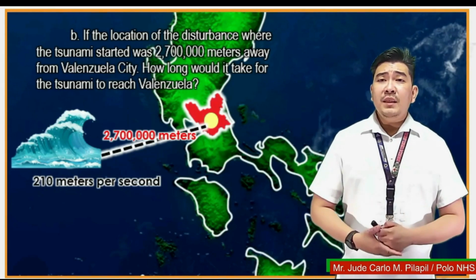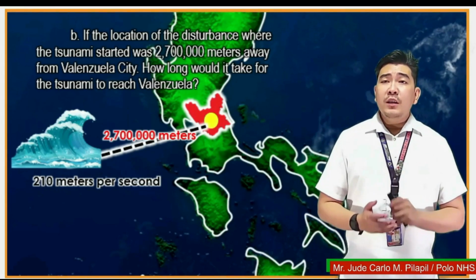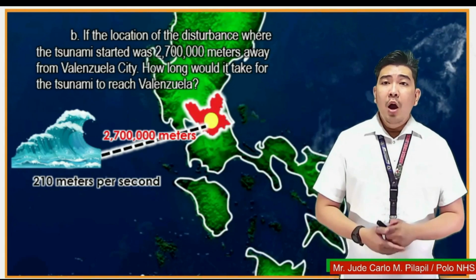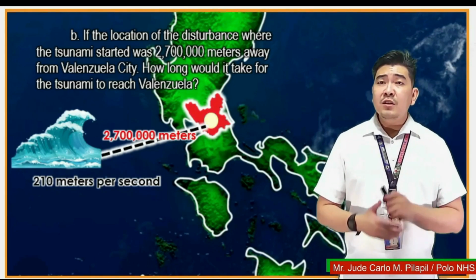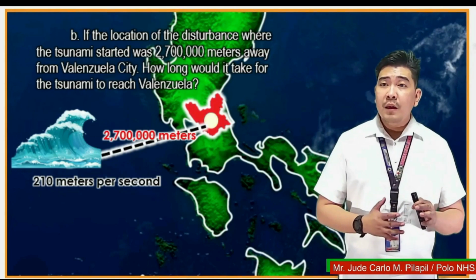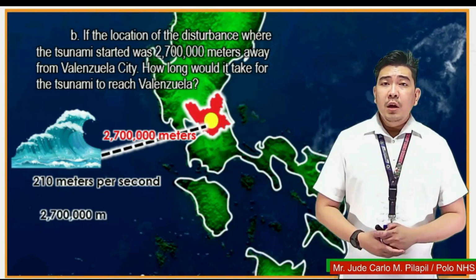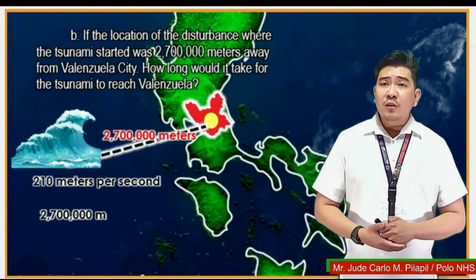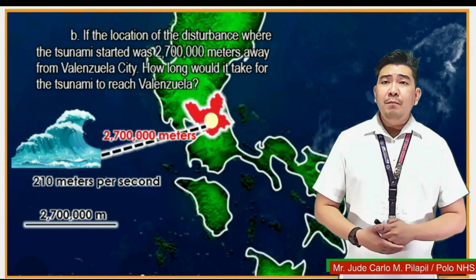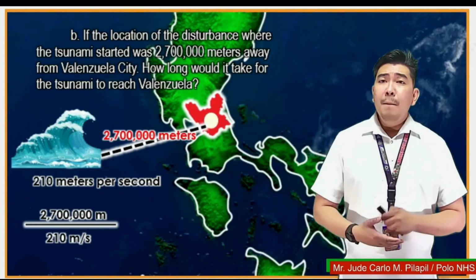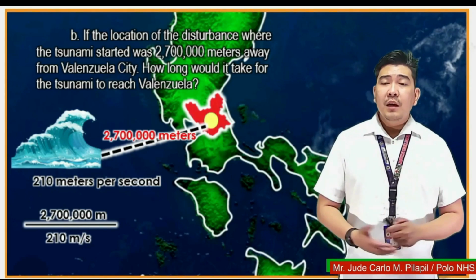To get the estimated time before the tsunami hits Valenzuela, we need to divide the distance of the disturbance to Valenzuela by the speed of the tsunami. So that will be 2,700,000 meters divided by 210 meters per second.